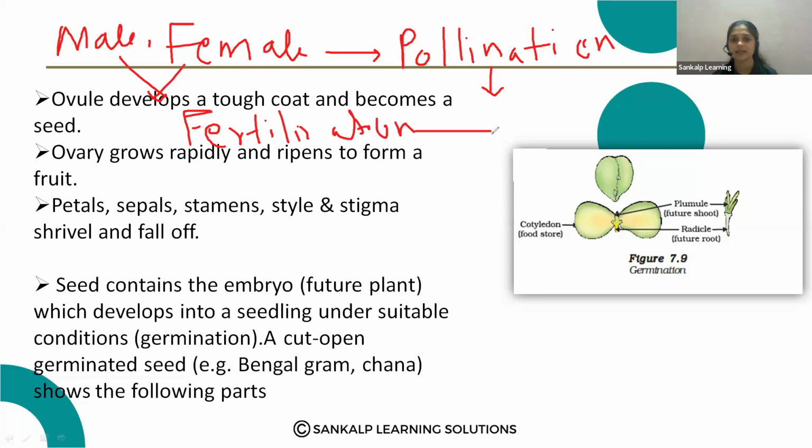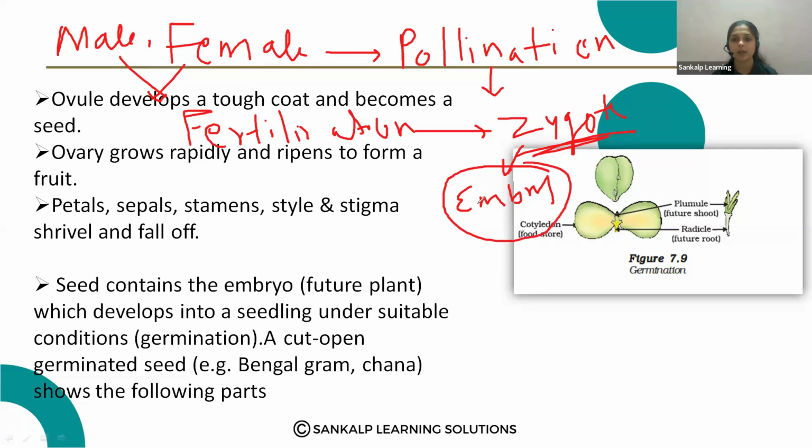After the fertilization, the zygote will form. That zygote will develop into an embryo. The ovule will develop into a seed, and inside the seed you can find the embryo.